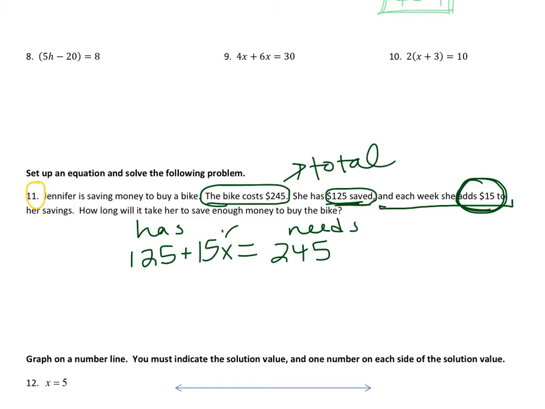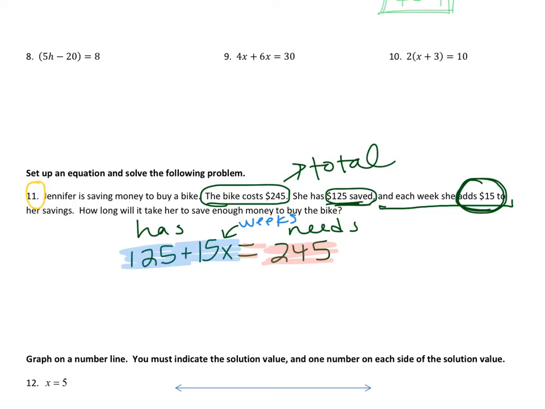So that x variable is representing weeks. So she has $125. She adds $15 each week. And she needs that to equal, she needs her total to be $245. Once you have your equation, then we can solve like normal.